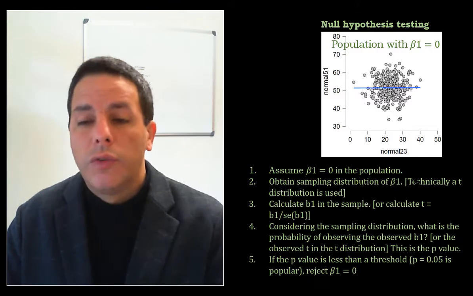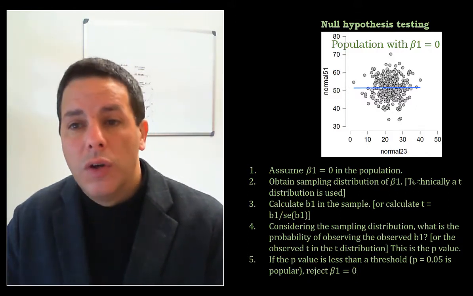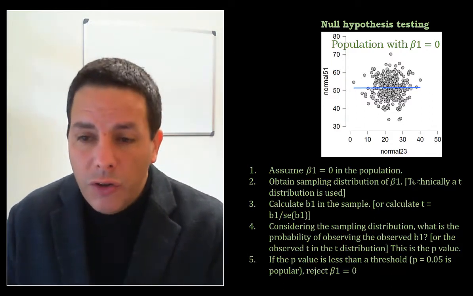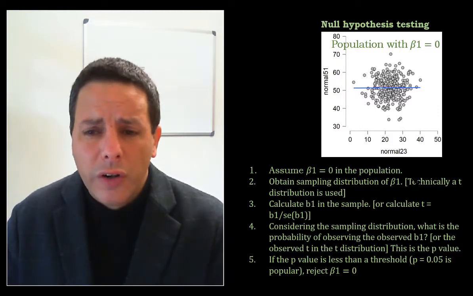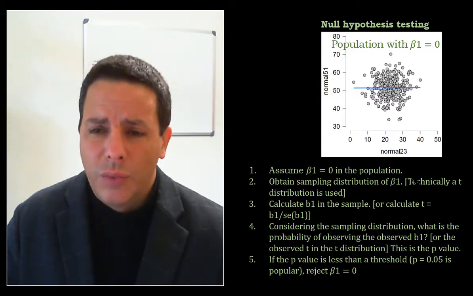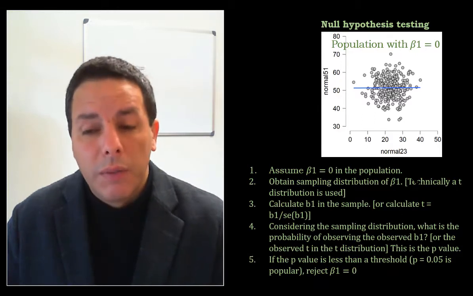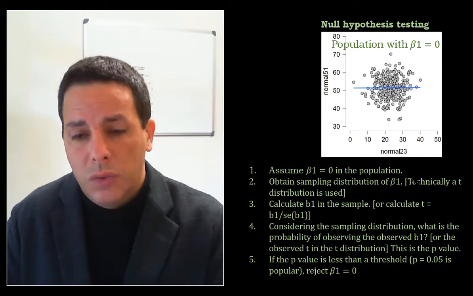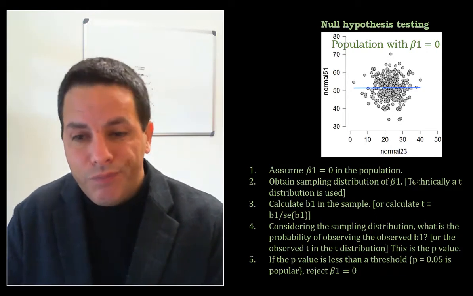In the past, it was very important to use distributions that we know very well, because it was computationally tremendous to come up with a sampling distribution. But now we can do it in milliseconds with our computers. So we can actually do it. But because we follow the tradition, we're still using the t-test to make the calculation of the p-value.